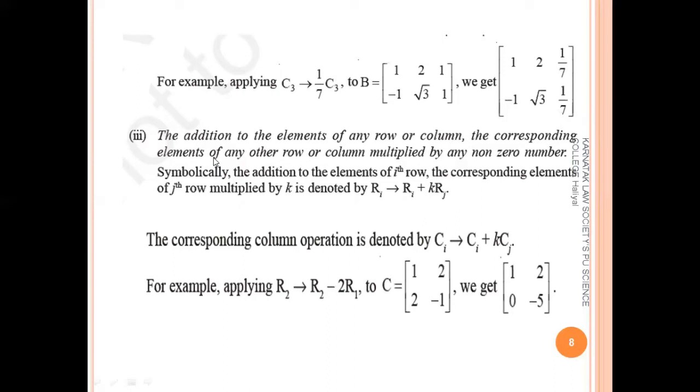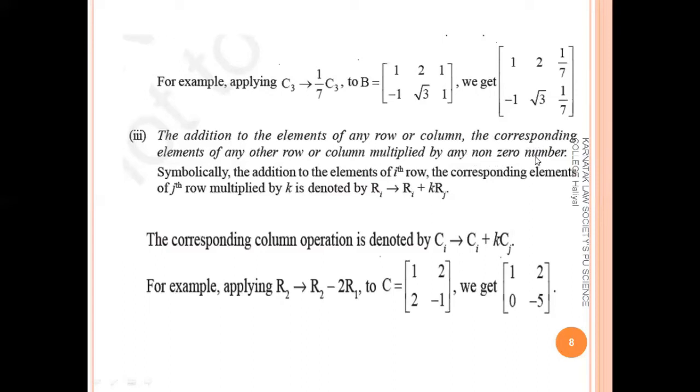The third one is the addition to the elements of any row or column of the corresponding elements of any other row or column multiplied by a non-zero number.